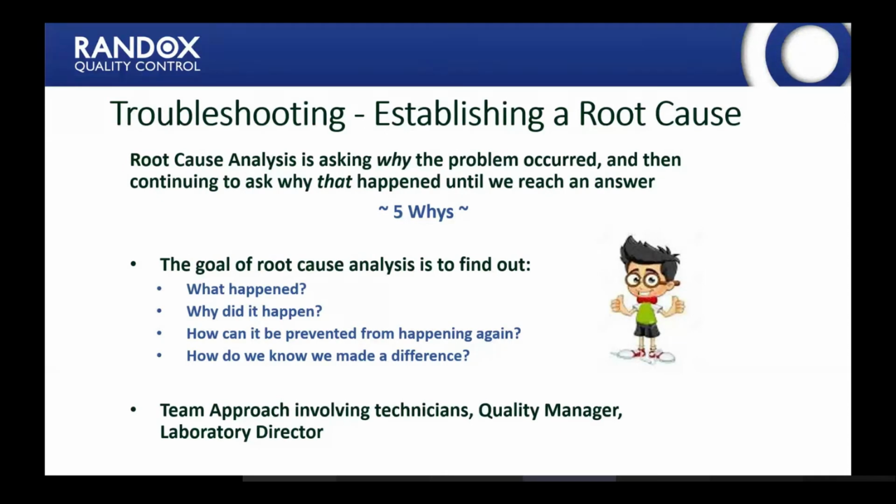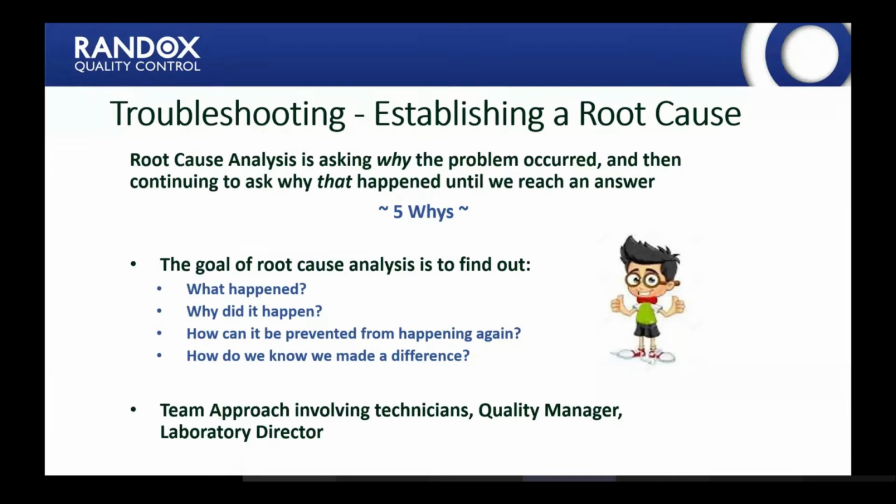So keep asking the question why, just like a young child would ask, well, why? And so in the lab, ourselves, we need to keep asking the question why. Why did it happen? What happened? How can we prevent it from happening again?